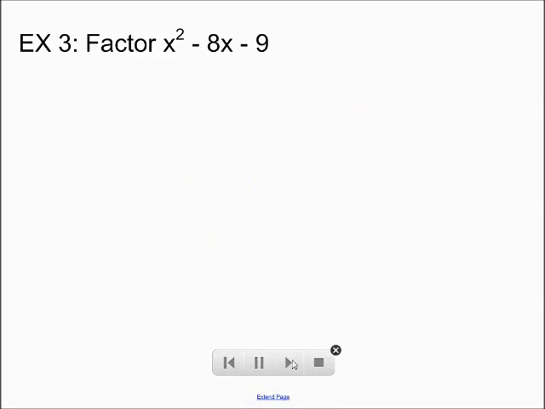A couple more of these here. Okay, now we're looking for factors of -9 that add up to -8. Pause for a second to remind you that this process only works when the coefficient of x squared is 1. We'll deal with other ones in tomorrow's lesson when a is not 1.